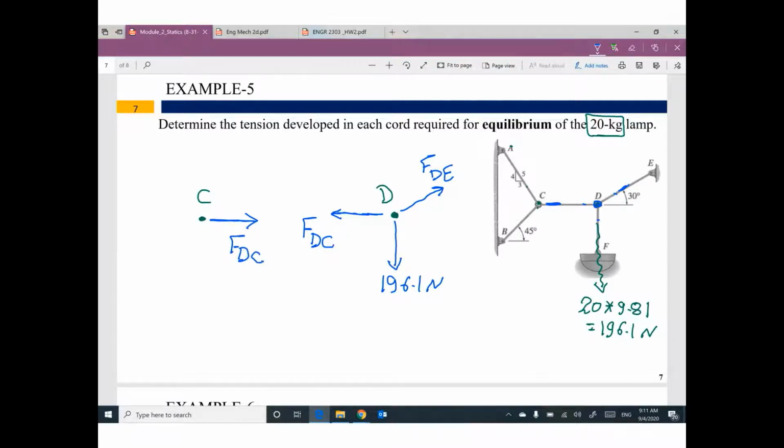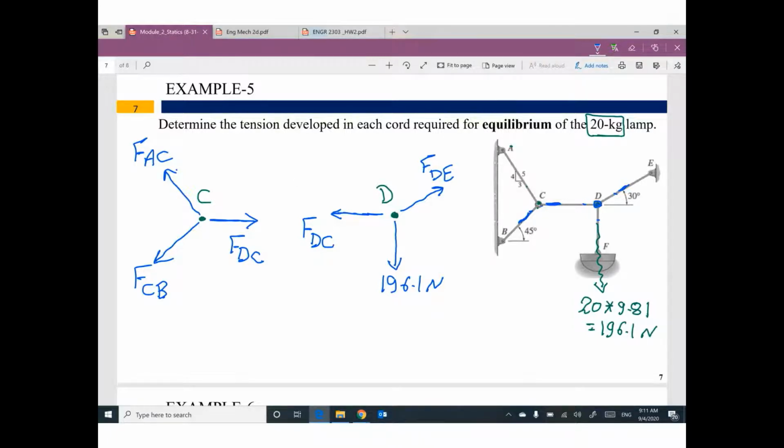We have one in this direction, which is called FCB or BC. We have another one here, FAC or CA. Do you agree with me? Any questions so far? This system, whatever, we have more points like C and D.